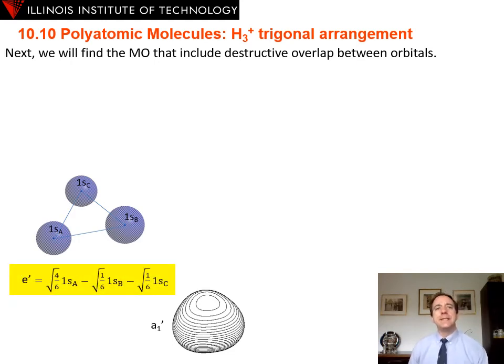The symmetry of this wave function is what's called an E prime. It's going to have a positive contribution from the 1s orbital on the A hydrogen, the one at the bottom left of the screen, and then a negative contribution from the other two.